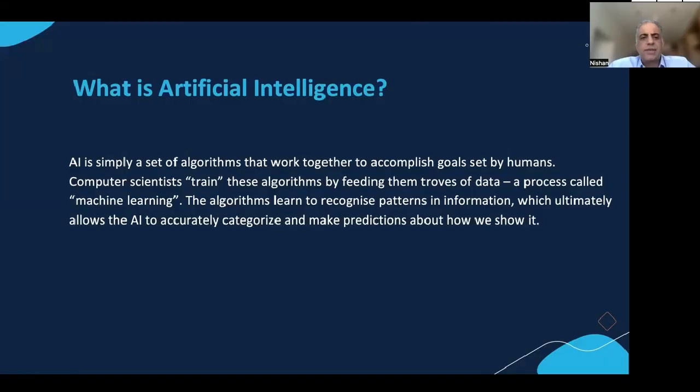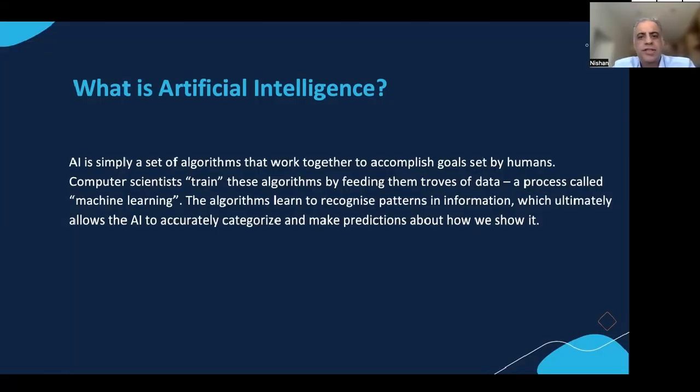So AI is simply a set of algorithms that work together to accomplish goals set by humans. Computer scientists are involved in training these algorithms. They feed them troves of data by a process called machine learning. These algorithms learn to recognize patterns of information, which ultimately allows the AI to accurately categorize these and make predictions about how we show it.